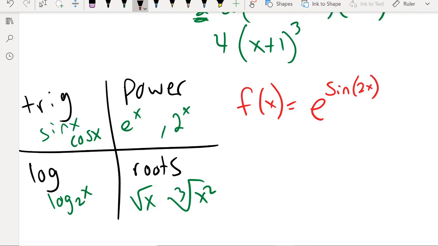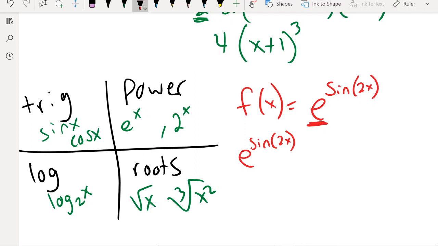E to the power of sine of 2x. Okay, so the function itself is whatever the biggest thing is. It's e. So the derivative of e to the x is e to the x. So that's it for the first part, is e to the sine of 2x.